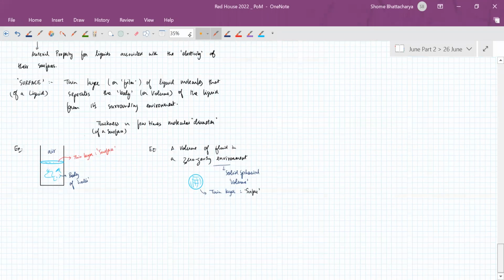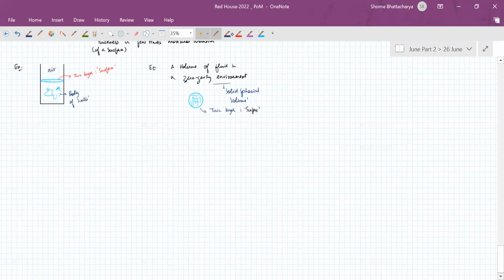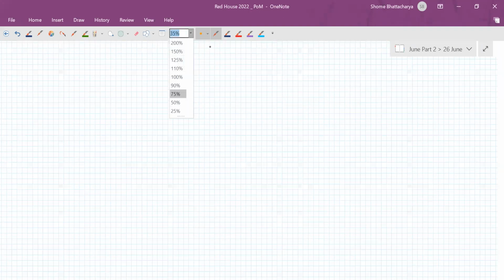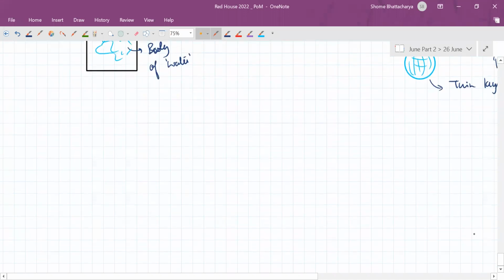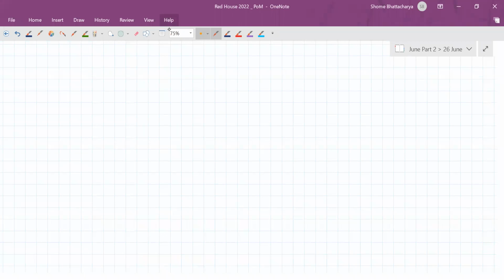Okay, so now why does the surface act differently and have an elastic property compared to the body of a liquid? Let's understand that. The elastic nature of the surface comes from the cohesive forces.